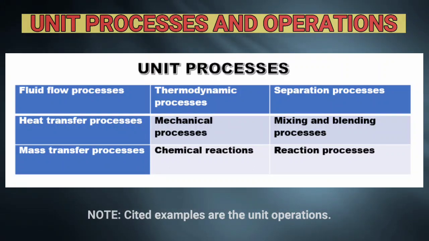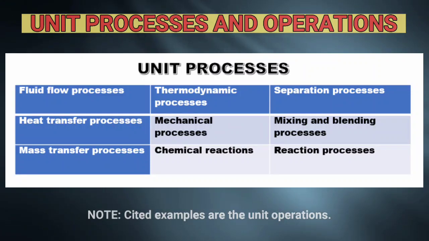And then we have the mechanical processes, which are solid transportation and crushing, milling, screening, and all of that are mechanical processes. So we also have chemical reaction processes such as polymerization, esterification, nitration, sulfonation, desulfurization. All these are chemical processes.